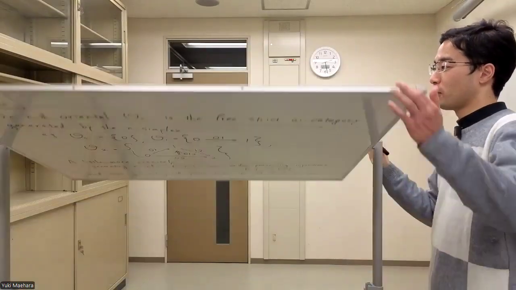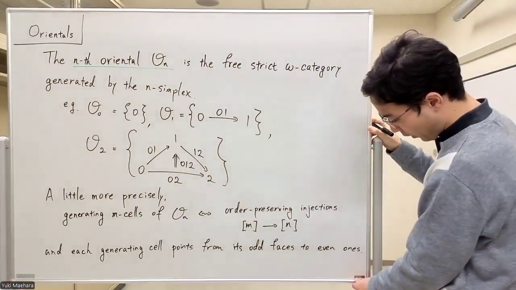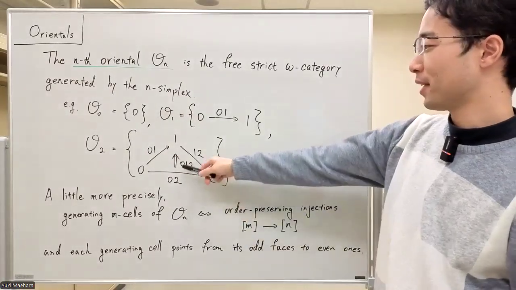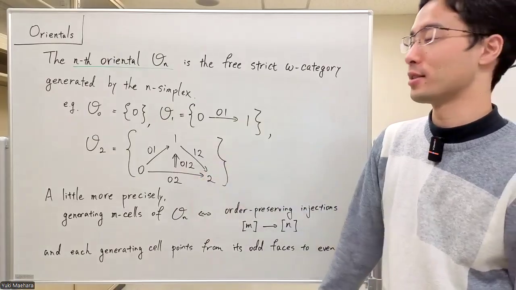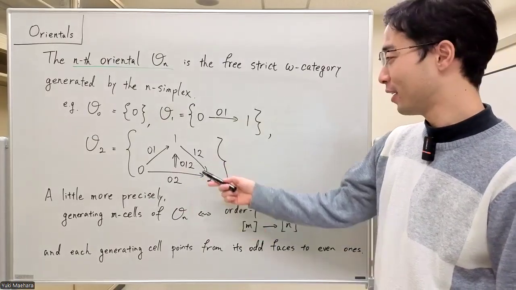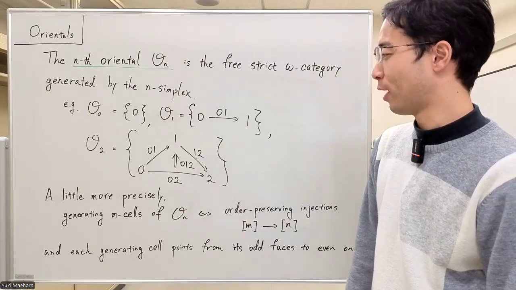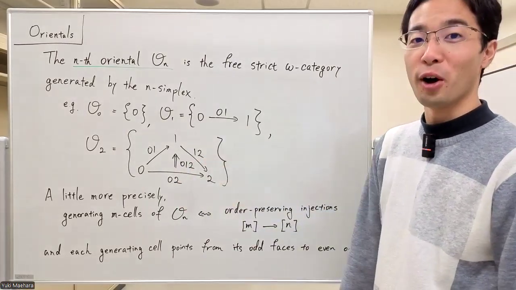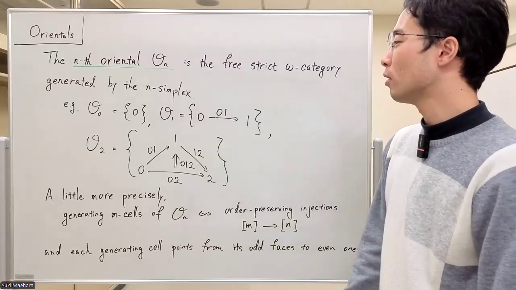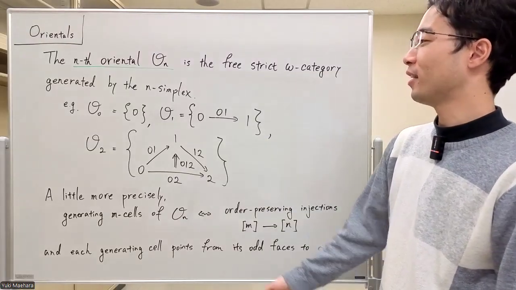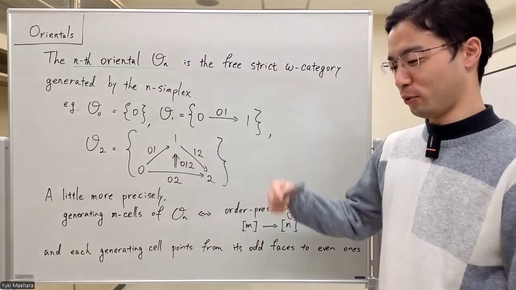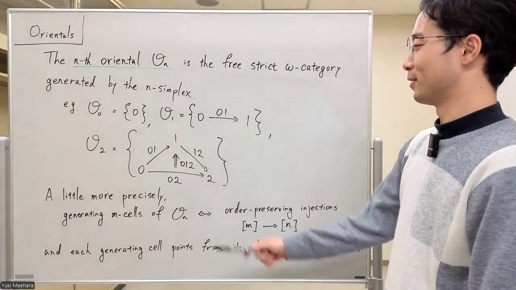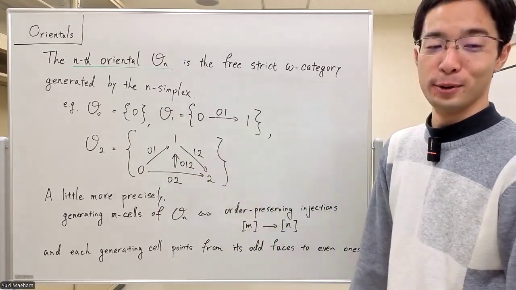But going back to this side of the board, this is what O2 looks like. In particular, it's got a 2-cell in the middle, which is just a 2-cell. In this omega category, this 2-cell is definitely not the identity. And so a strict omega functor out of O2 into your omega category doesn't need to send this 2-cell to an identity.